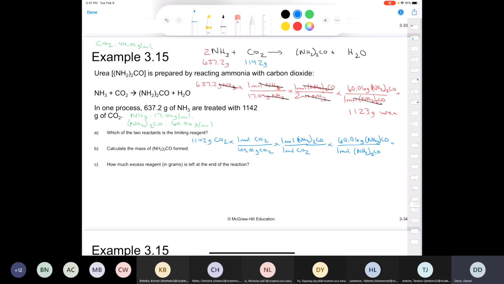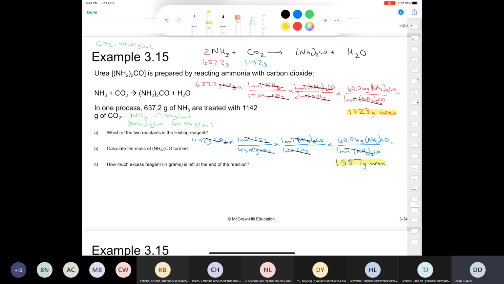When I punch all that into my calculator, mass of carbon dioxide cancels, moles of carbon dioxide cancels, moles of urea cancel, and I'm left with mass of urea. I get 1,557 grams of urea. So here are my 2 possible yields.